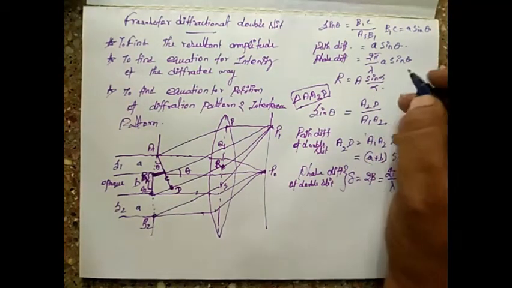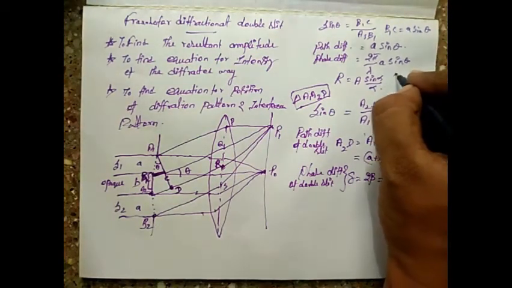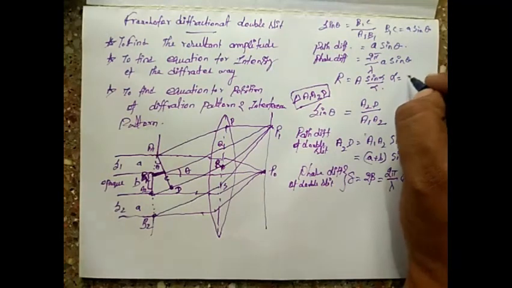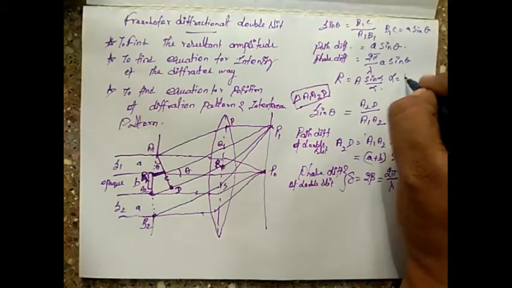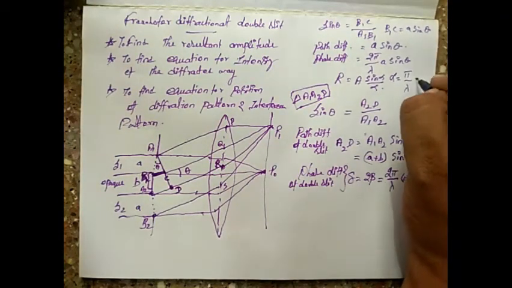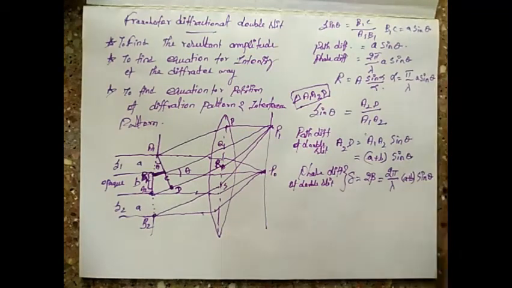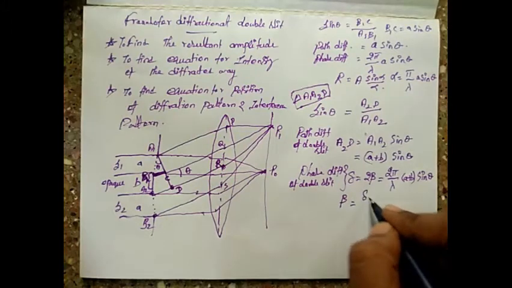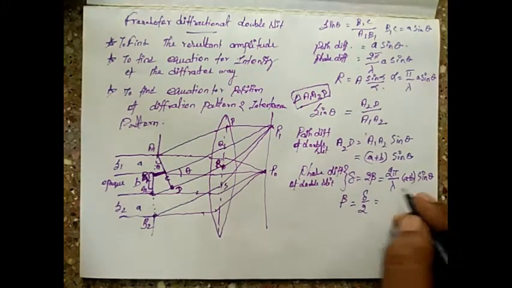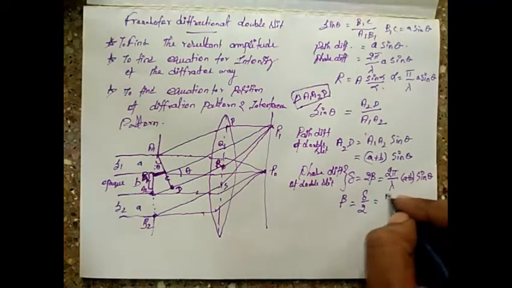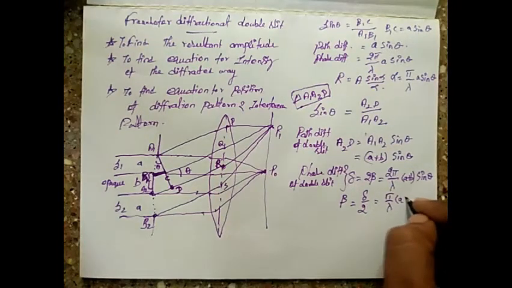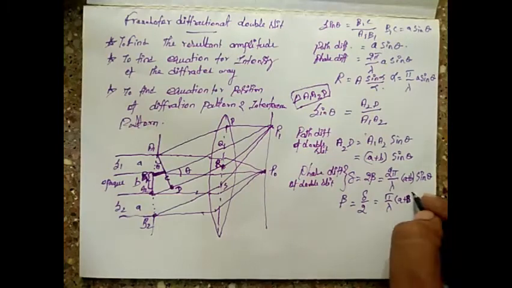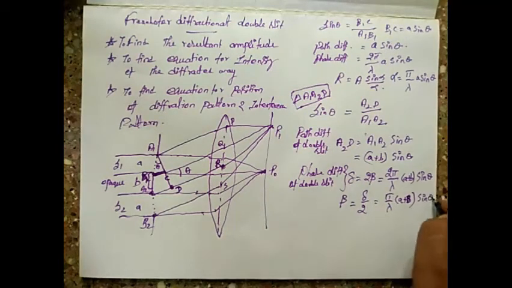In the single slit, we already calculated alpha equal to pi by lambda A sin theta. Similarly here, beta is delta by 2, which is equal to pi by lambda times A plus B sin theta.